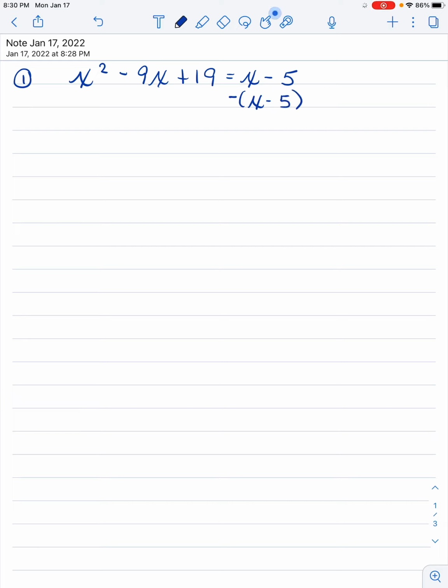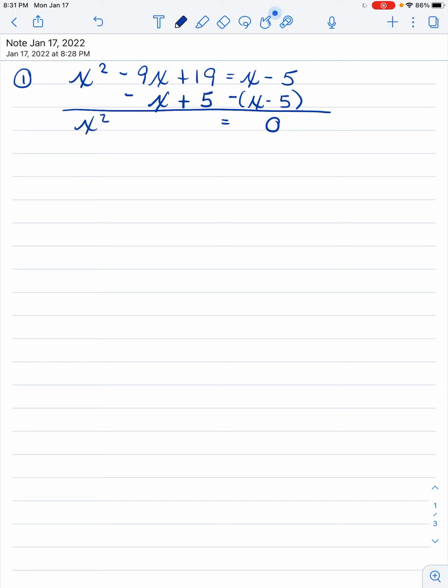So that's going to be 0 over here because I'm subtracting it from itself. And then over here, I'm going to subtract x, and then I'm going to subtract negative 5, which is the same as adding 5. So what do I end up with?